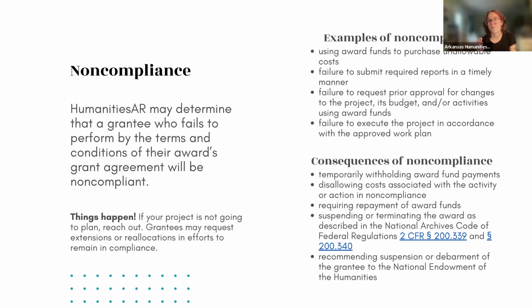We will not allow for food costs or things outside of your ascribed approved budget to be funded without prior approval. This could also look like being entirely ineligible depending on the severity of the infraction. But this is all within the code that the National Archives and NEH have recommended as non-compliance procedures.